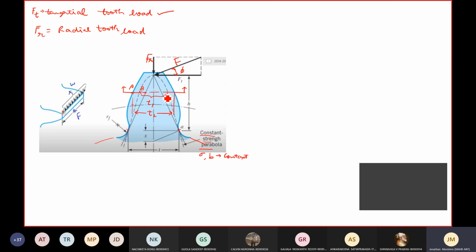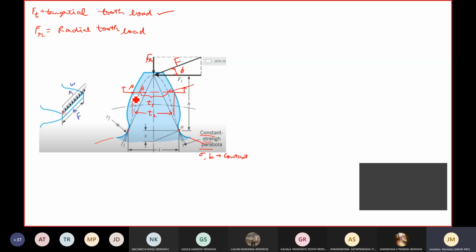Obviously, when you cut it like this, if you have a constant-strength parabolic nature, this cutting over here will generate a thickness of T1. In other words, for the tooth load Ft acting at any point, for example over here, with F here and Ft acting on this, there is a thickness T1 to hold it.